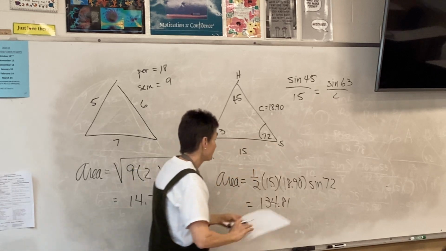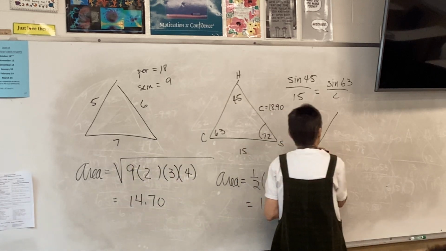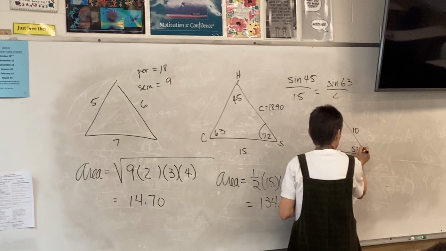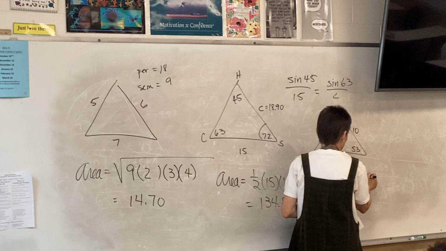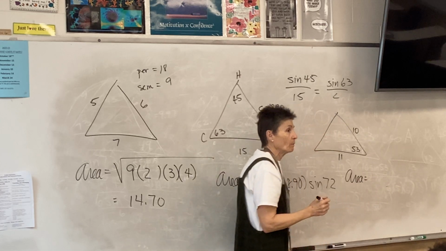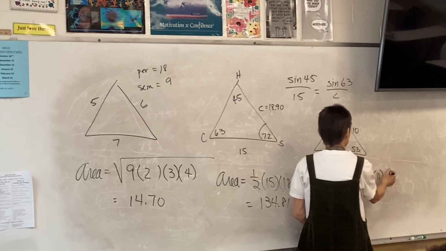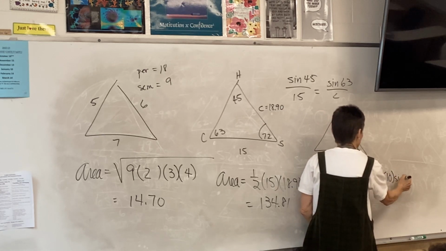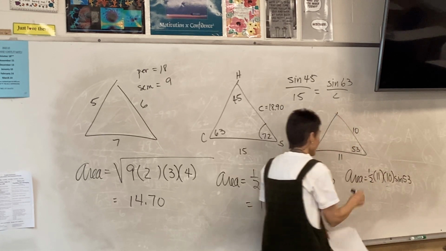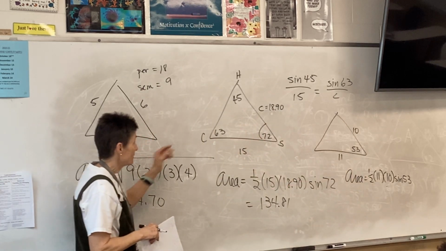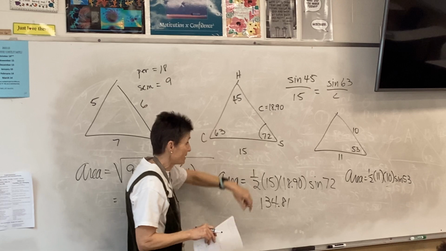All right, last one. Wow, this is super simple after what we just did. Why is this one so super simple? We got what we want, right? We got what we need. So it's 1/2, 11, 10, sine 100. This is like that one and that one were on your quiz. This one wasn't, but this one will be on the test.